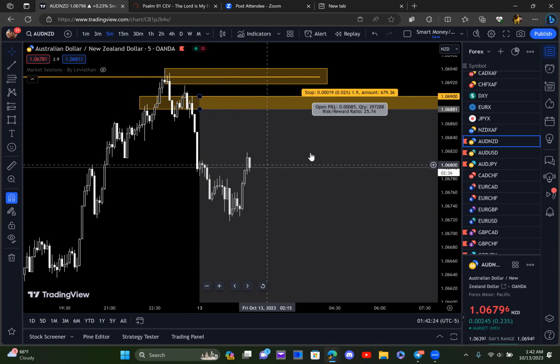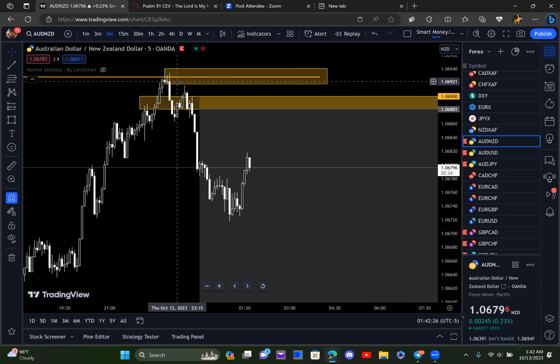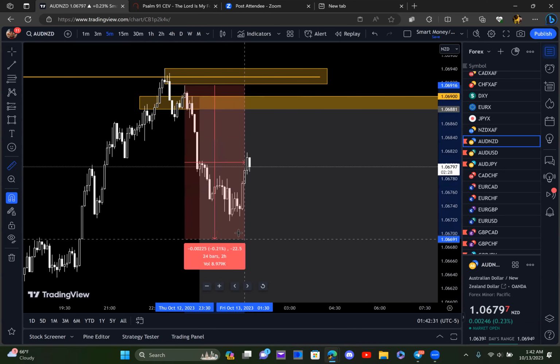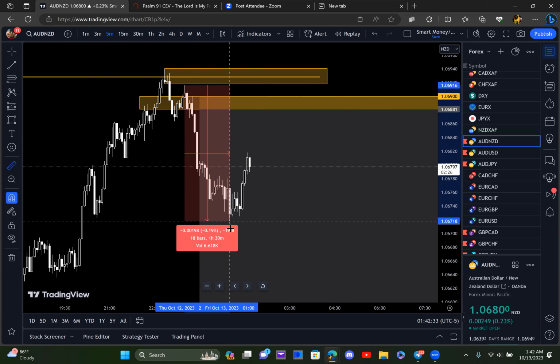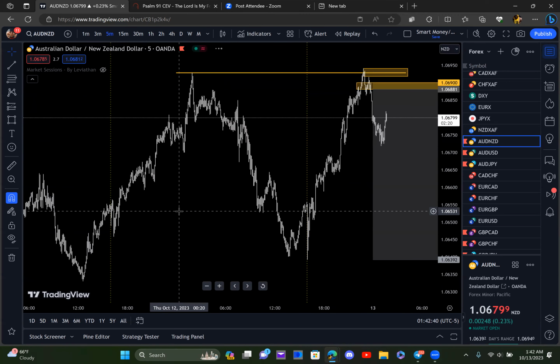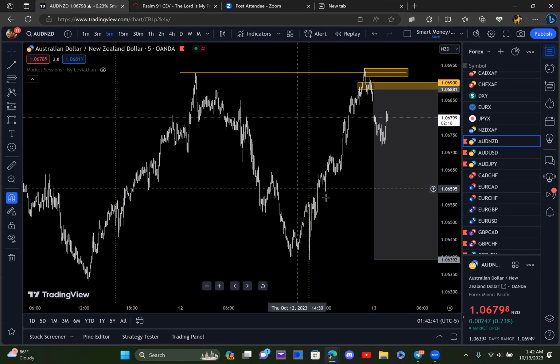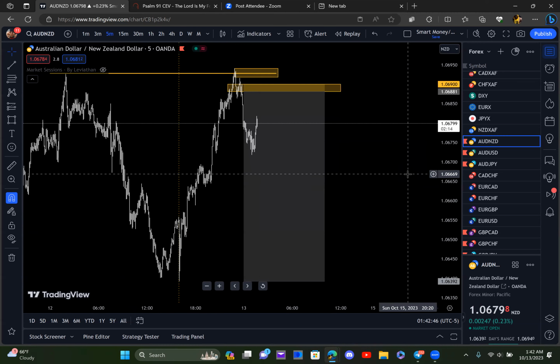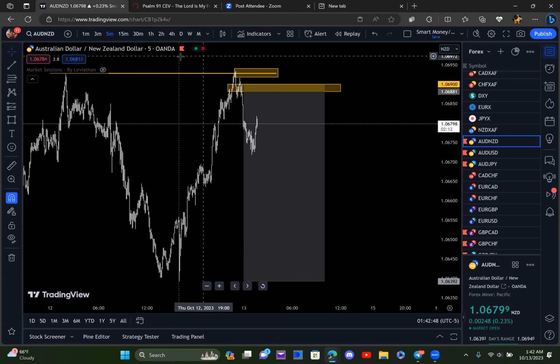But look, see how it came up, and how many pips is that? This is AUD NZD, might not be a whole lot. 19.8. So 19.8 in an hour and 30 minutes, all right, that's a good scalp, but I'm not a scalper. I'm a day trader. So let's move on.